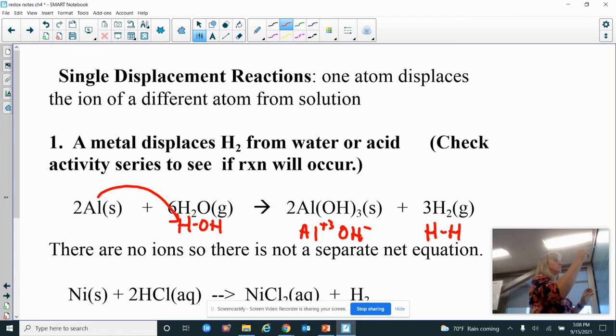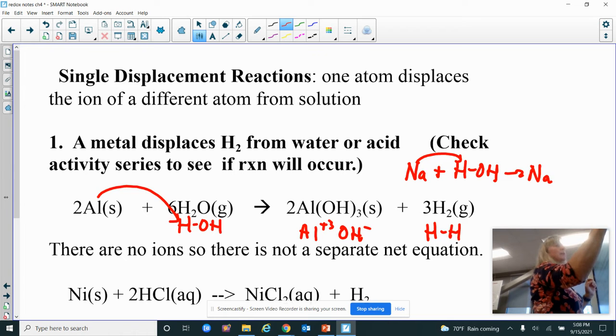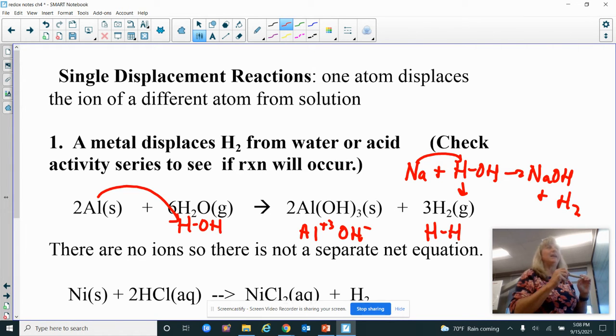All right, so same thing if you have sodium in water. Think of water as HOH. The sodium kicks out the hydrogen and combines with the OH, so you get NaOH plus H2. That H that gets kicked out has to pick up a partner to be H2. You do not get NaO or Na2O.